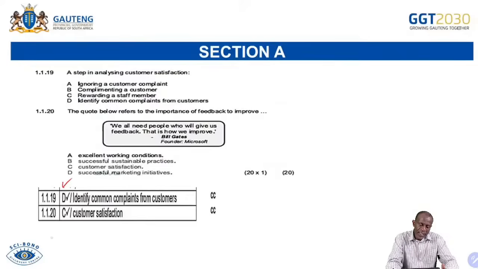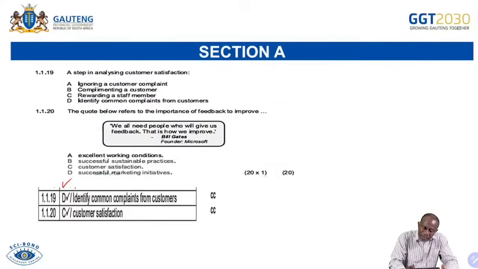Number A, an excellent working condition. Number B, successful, sustainable practices. Number C, customer satisfaction. Number D, successful marketing initiative. And the correct answer that best suits the statement is customer satisfaction.